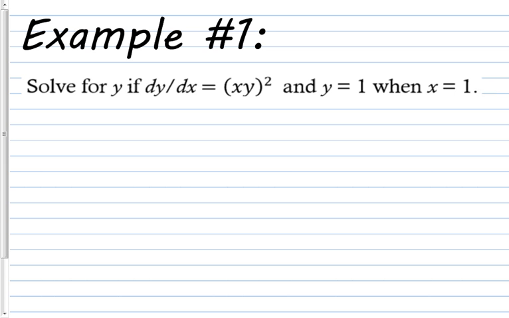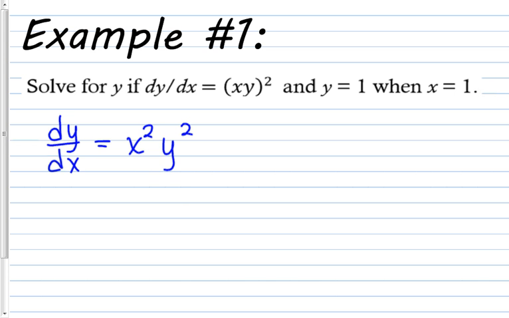Example 1, solve for y if dy/dx equals x, y quantity squared, and y equals 1 when x equals 1. Okay, so first off, I'm going to rewrite this like this because I like it in fraction form. And xy squared, that's actually x squared times y squared.